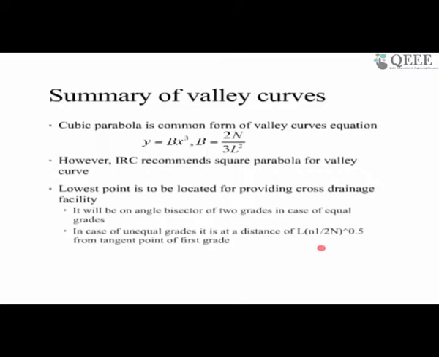Now if you are providing a bus stop, first of all you need to make sure that it is on considerably flat terrain. At all places you cannot meet flat terrain. Whenever you are providing the bus stop, you have to see whether you have enough distance so that the bus can actually come to a dead stop at the stop location. This enough distance is going to be in the extra lane which you are going to provide on the side of the bus stop.